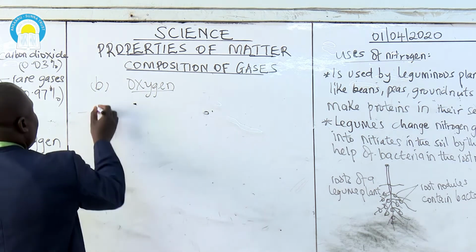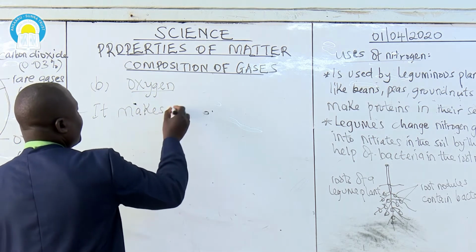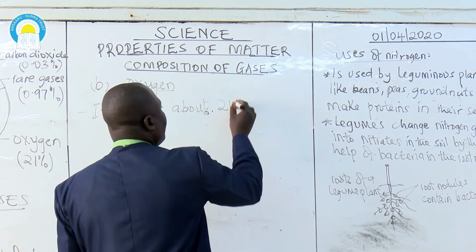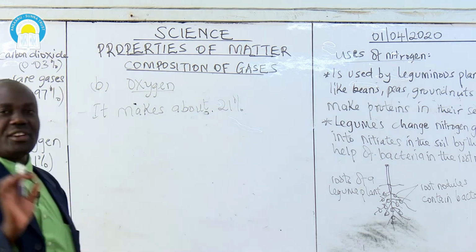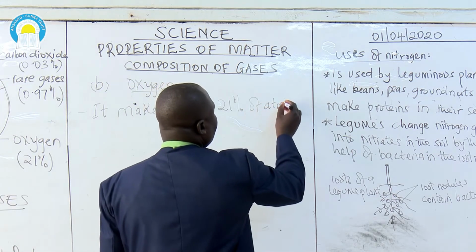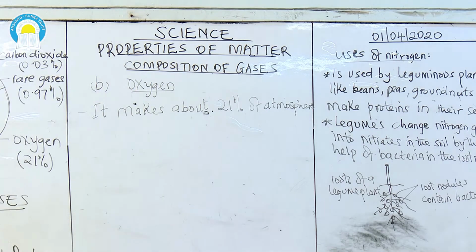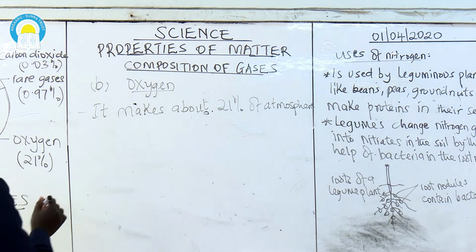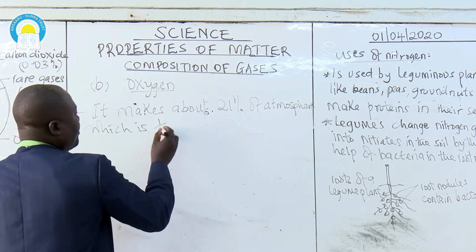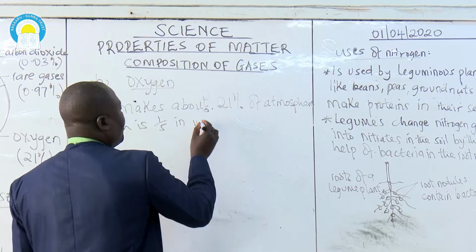It makes about 21% of the atmosphere, which is about 1/5 of it in volume.